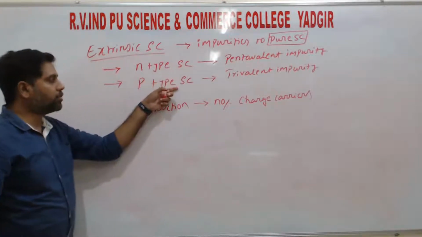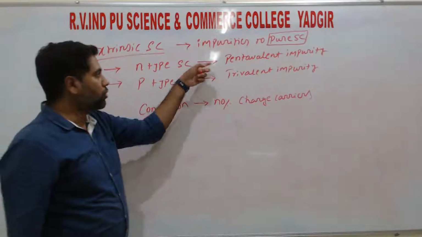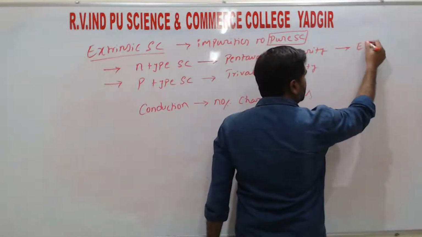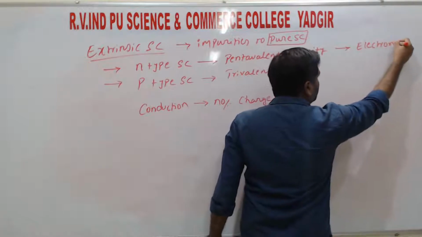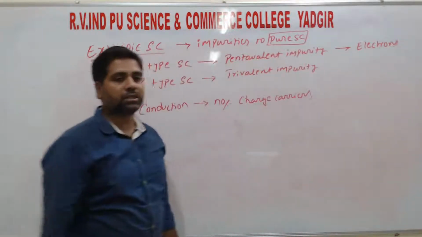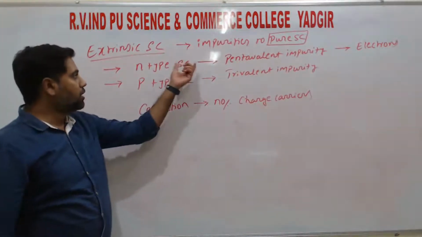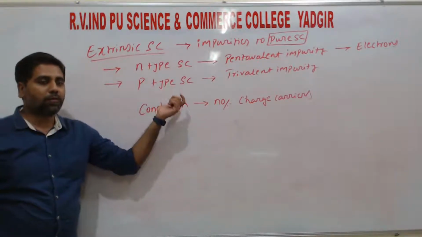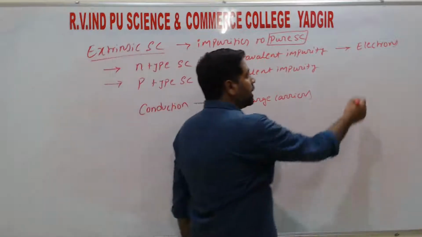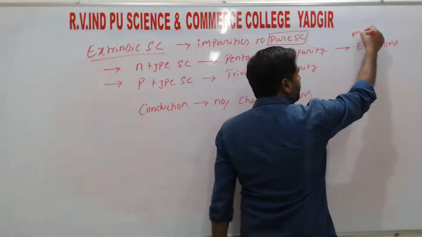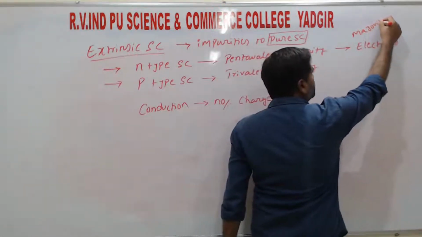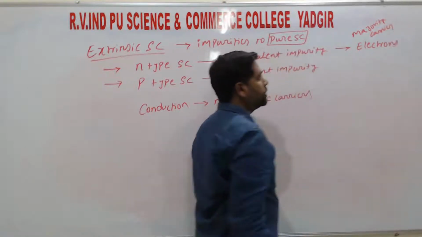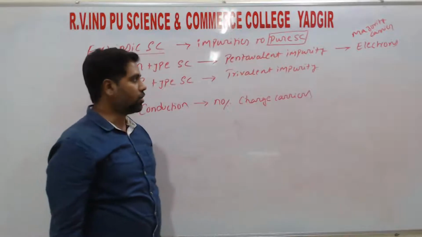So we have two types, that is N-type and P-type. In N-type we increase the number of charge carriers, that is electrons. Electrons are negatively charged particles. So by adding pentavalent impurity in N-type semiconductor, the number of charges which are increased is electrons. These are called majority charge carriers, that is, majority carriers are electrons.